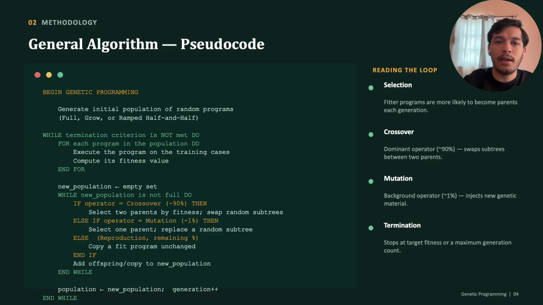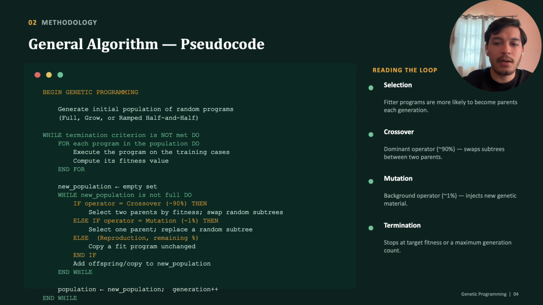Okay, so we will make this concrete with the actual algorithm. On the left, you will see the pseudocode. Of course, this is a general pseudocode of genetic programming. First of all, we start by generating a random initial population of programs.